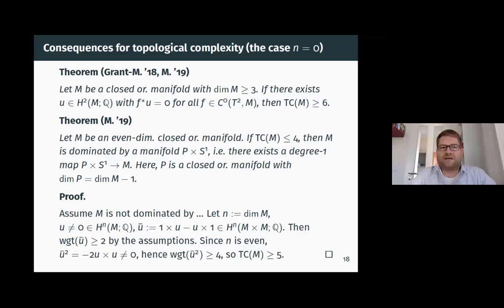No, I don't have explicit sections here, but this would be interesting in general. I haven't studied any concrete examples there. I was focused on this variational application here, but there might be nice ways to find explicit sections here, sure. Okay, thank you.